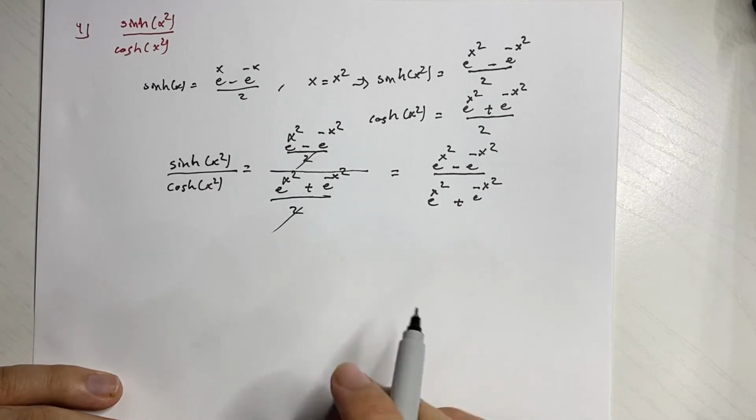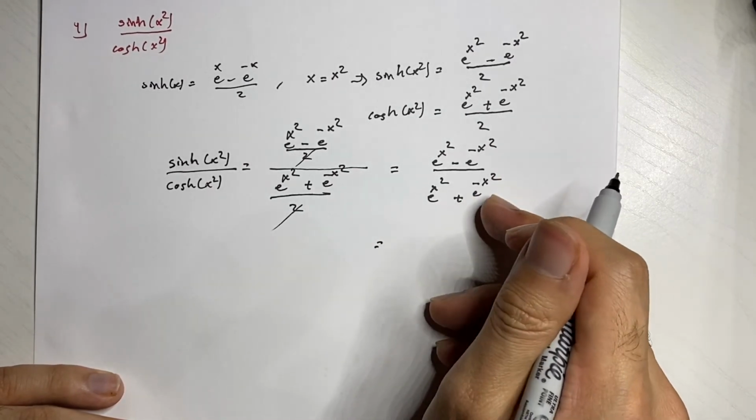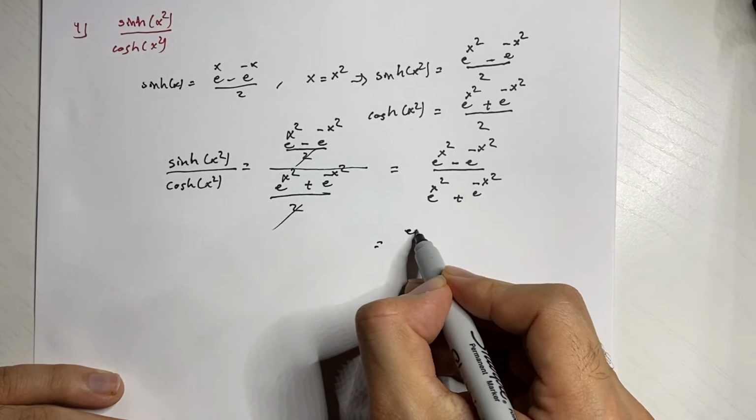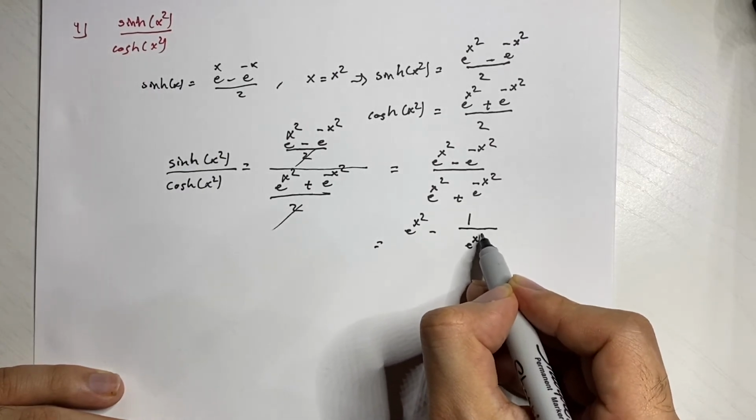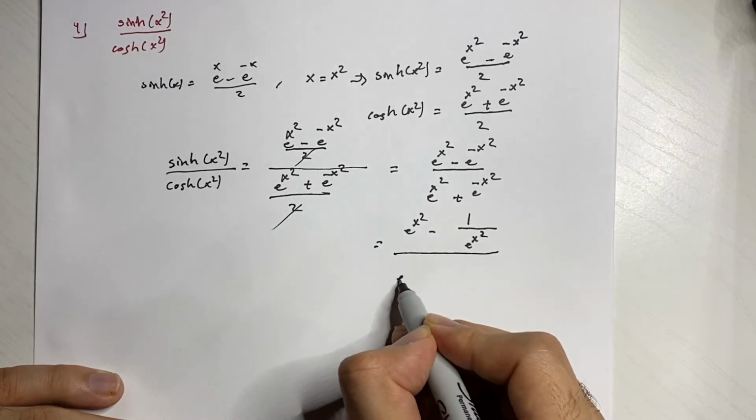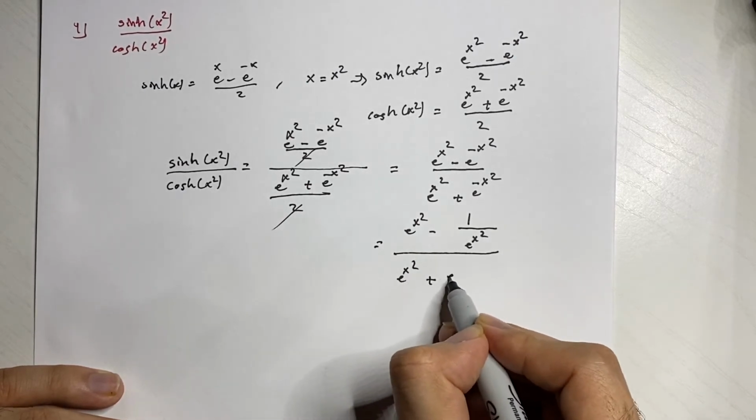Now I'm going to rewrite these e to the negative terms in fraction form. That's what I'm doing here.